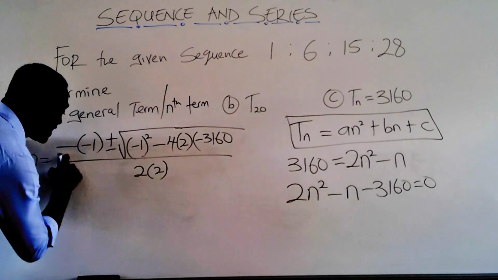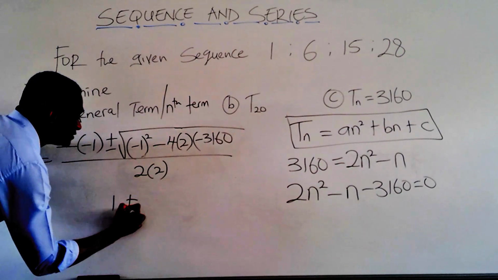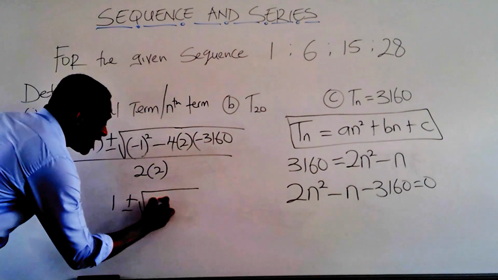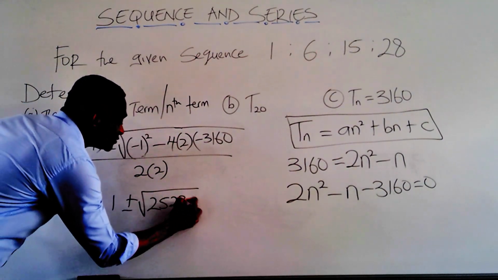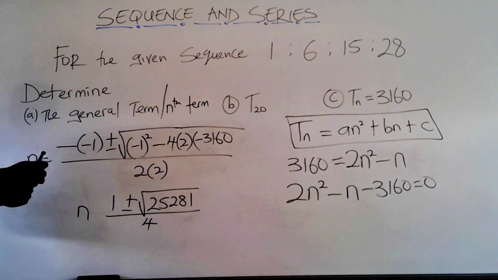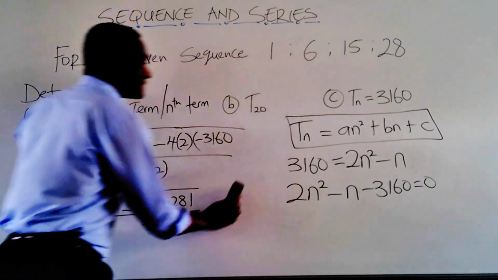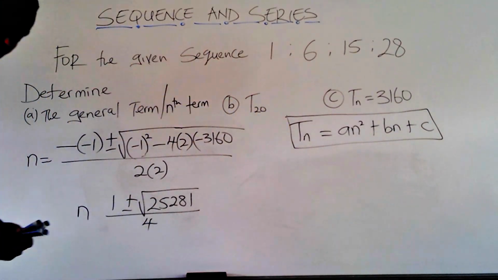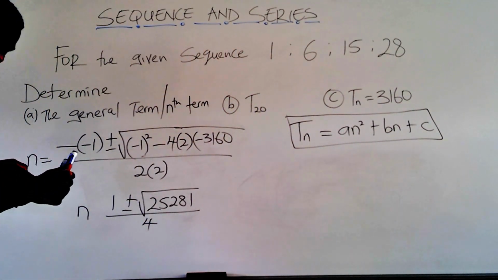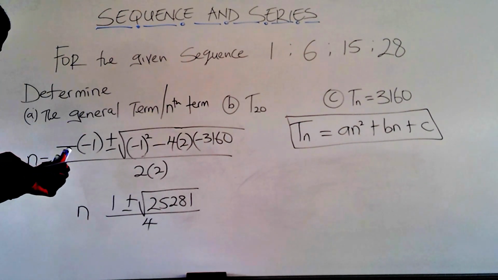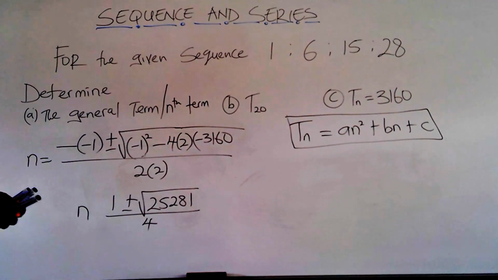We have 1 plus or minus the square root of 25281, all over 4. These will give us the two values of n. Now let's finish this. 25281, the root is 159.